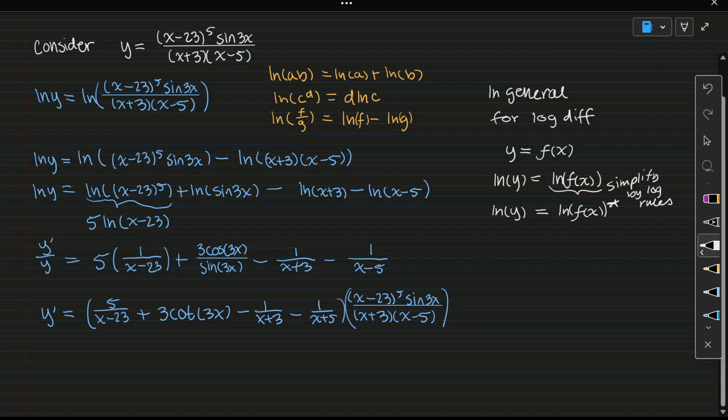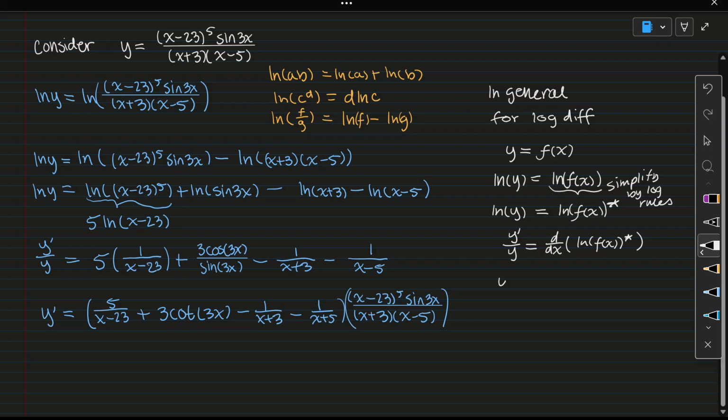Then I take the derivative of both sides, and I get y prime over y, as always. And this is going to be the derivative of the simplified version, which is going to be much easier than whatever I needed to do before.